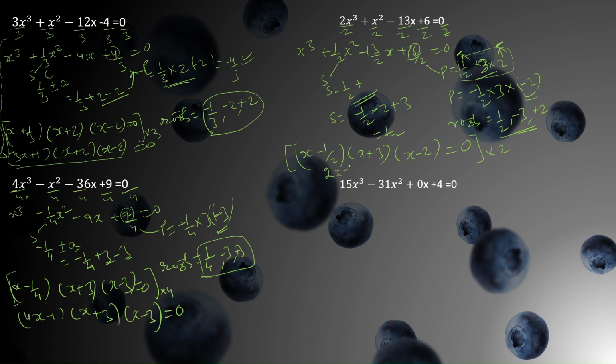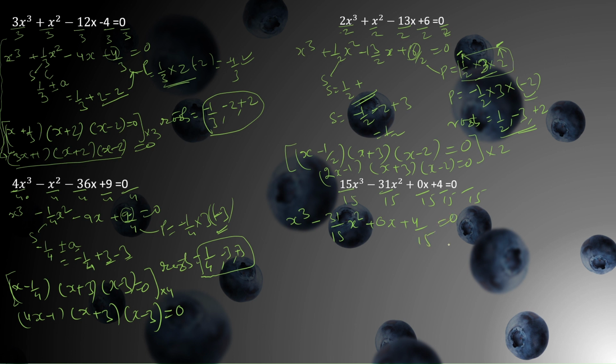These are the roots, and factors we can write as x minus half, x plus 3, and x minus 2 is equal to 0. As we have divided by 2, we have to multiply by 2, and now the factors will become 2x minus 1, x plus 3, and x minus 2 is equal to 0.